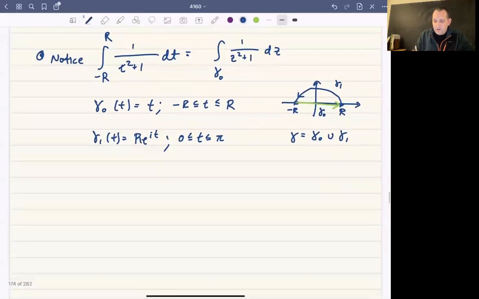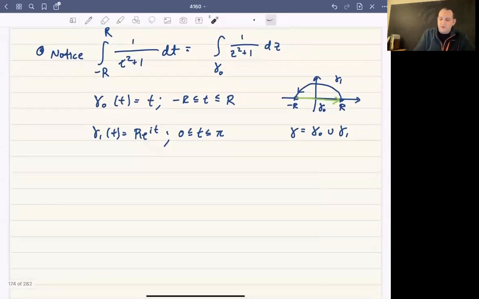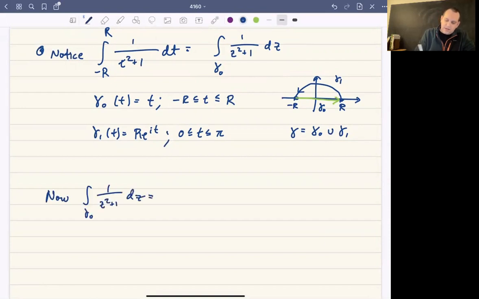Now notice also that the integral over gamma naught of 1 over z squared plus 1, you can think of as the integral over gamma, the entire curve, of 1 over z squared plus 1, minus the integral over gamma 1.